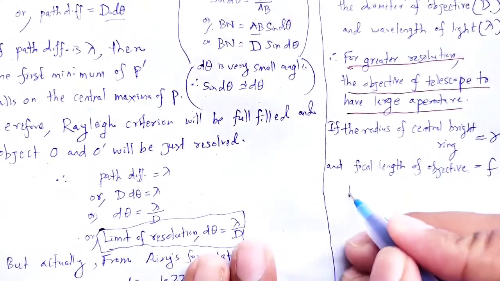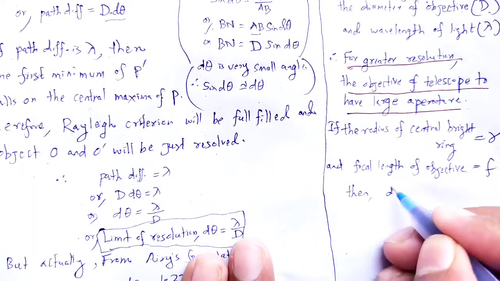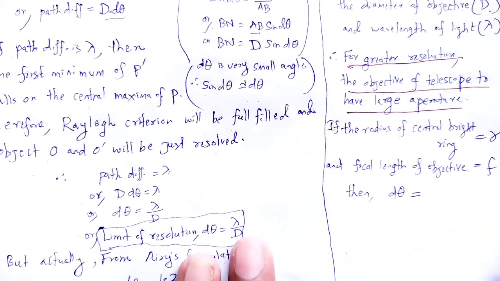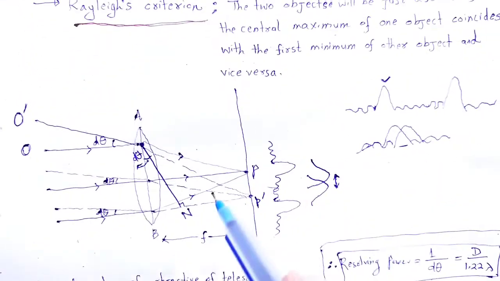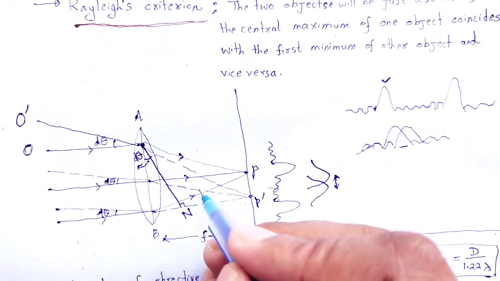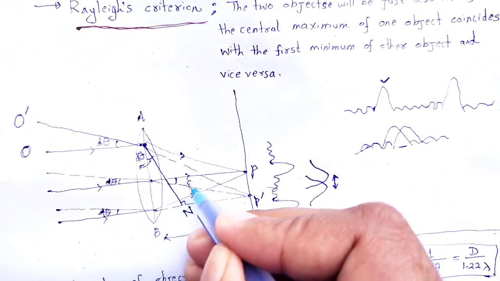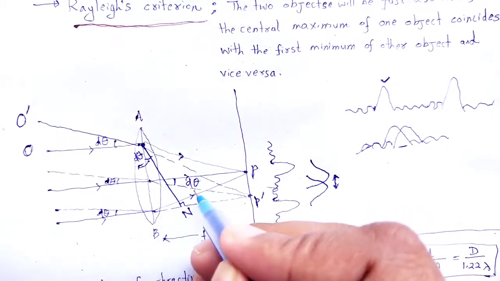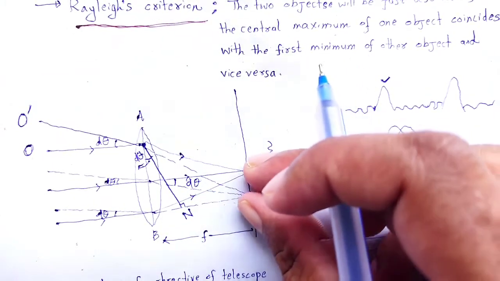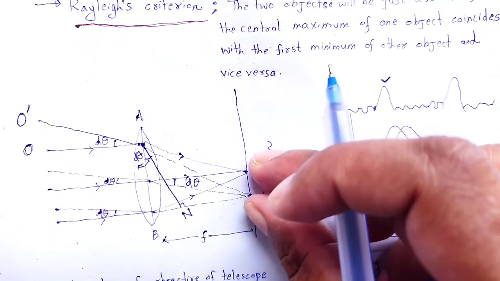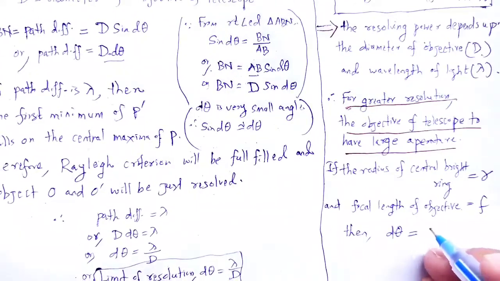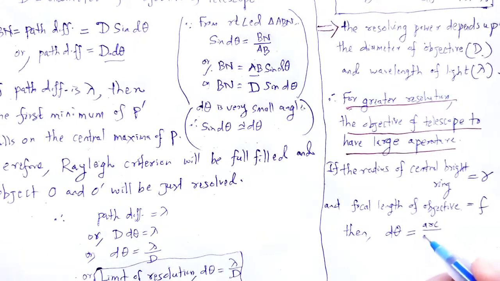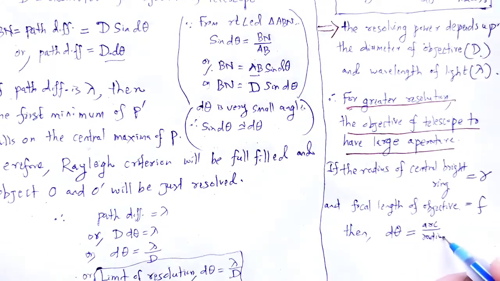Therefore, d theta, that is the limit of resolution d theta. Look at that figure, that angle is also d theta. So d theta is equal to arc by radius.